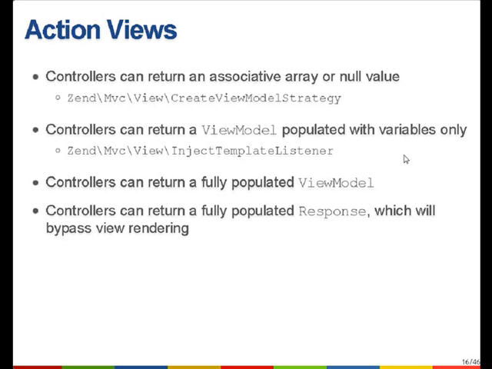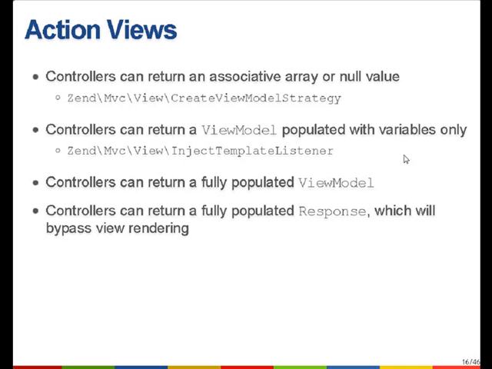And if there's not, it's going to inject one based on the current controller, and potentially later we may add the namespace that we're in as well to make it easier to differentiate between different templates. So these two, the create view model strategy and the inject template listener, will often work in tandem. So you can return an associative array, and it will create a view model and then populate it and inject it with a template.